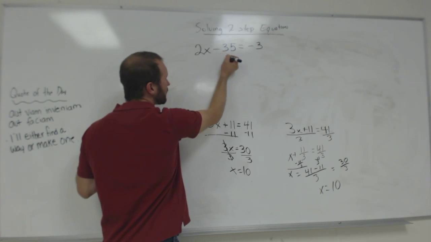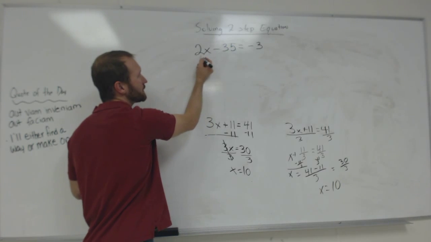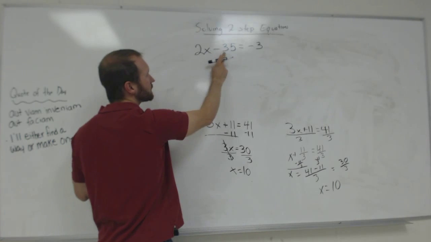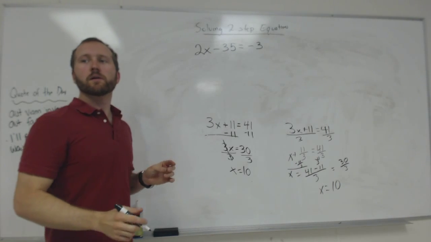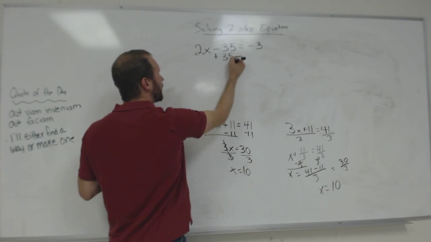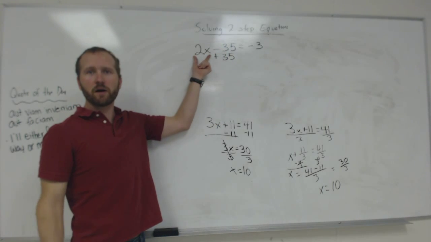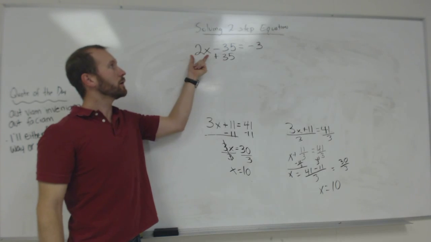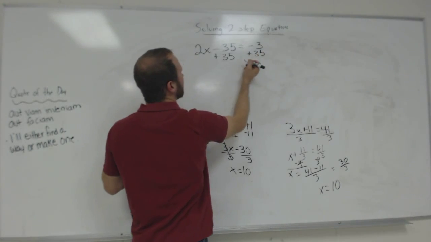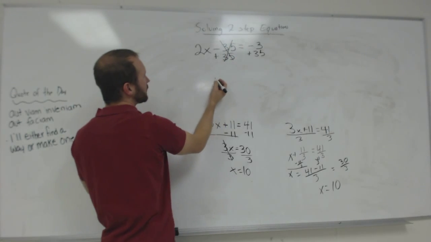I want to get rid of the 35. This says 2x minus 35. What's the opposite of minus 35? Addition, sorry. You add 35 to that side. If I add 35 to this side, I'm going to get my x term all alone. And then you do it to the other side, and then you get your answer, and then you, what's it called? You divide. Wait, you're getting a little bit ahead of me.